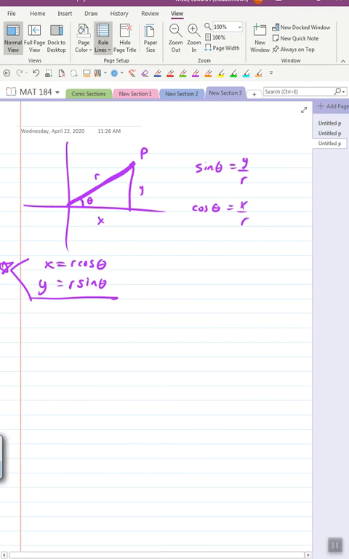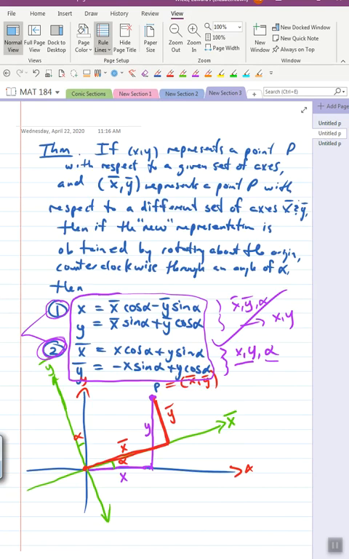Alright, now, when I rotate this point, so let's say I've rotated this point, so now P has moved up here. And how much did I rotate? Well, if we're rotating everything in this system through an angle of alpha, then that means now, isn't this angle alpha? This would be under the new system. So of course, I'm not going to draw the entire picture here, but think about our last picture where I rotated everything in that system.